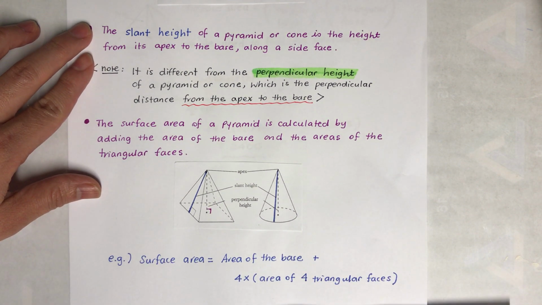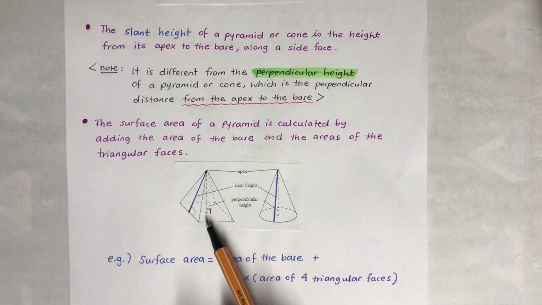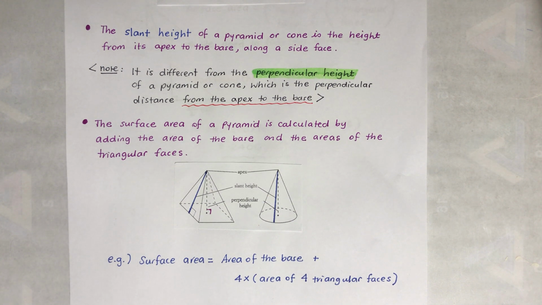Now, a quick summary. For the surface area of a pyramid, we have to find the area of the base. It could be a square, a rectangle, or a triangle. So we find the area of the base, and then add the areas of the triangular faces.